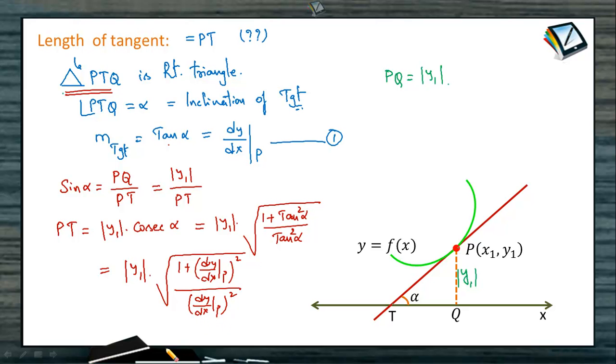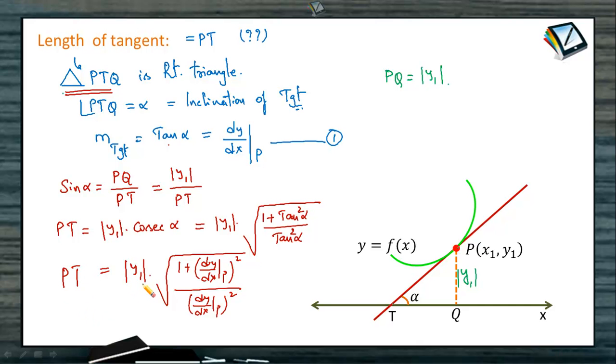Right? So once we know the curve, can we calculate dy by dx? Yes. We are given the point P on the curve, then can we calculate dy by dx at the point P? Right? So everything inside the square root is known to us. And then once the point P is given, y1 is known to us. So are we able to calculate the length of the tangent PT?